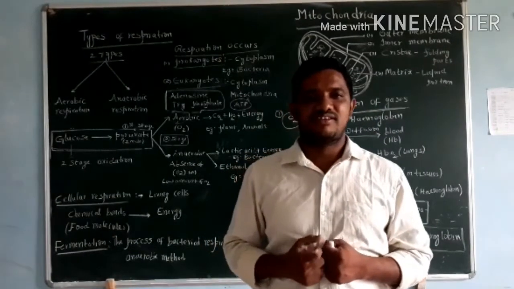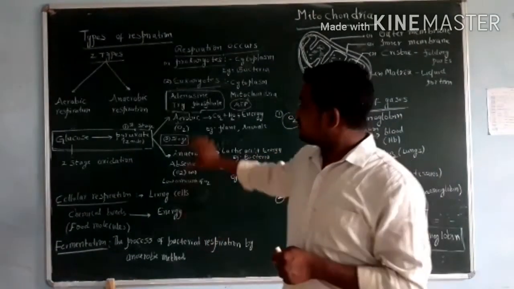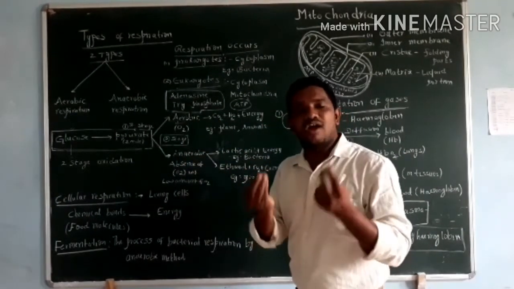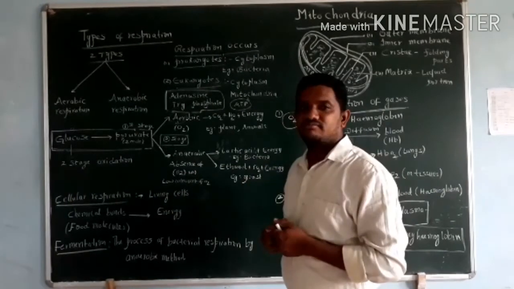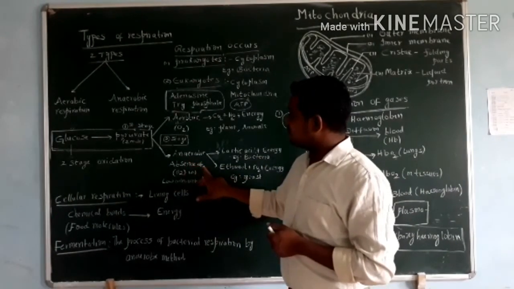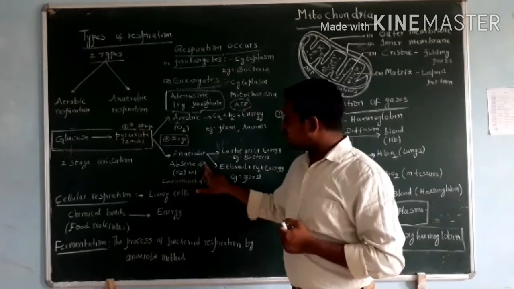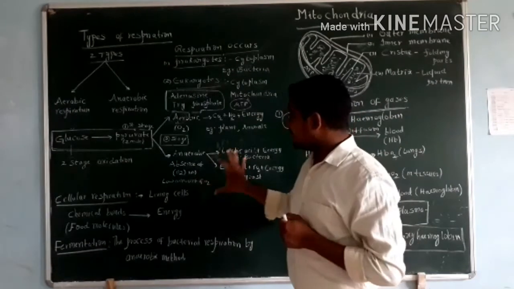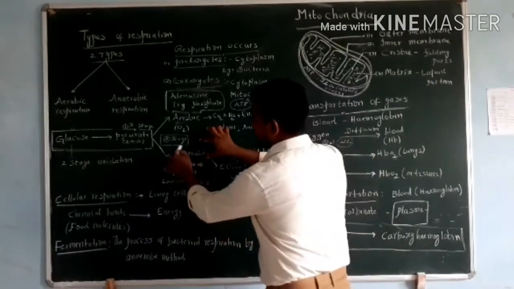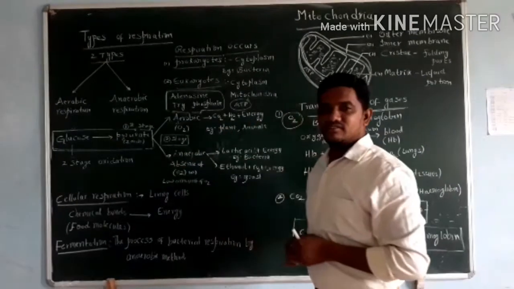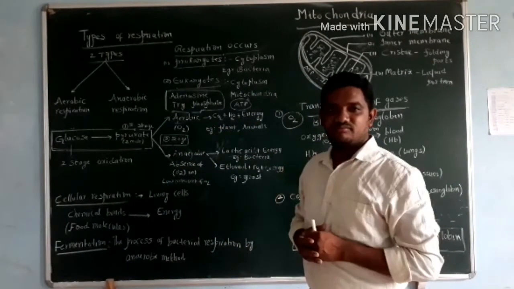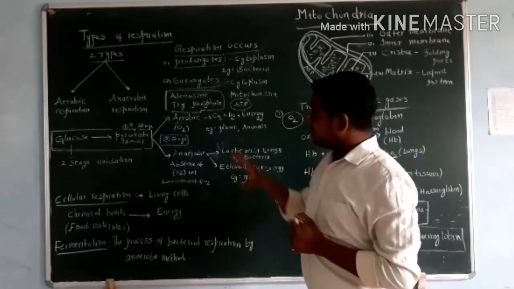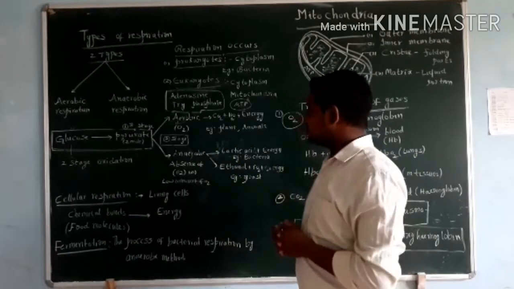This is aerobic respiration. Second one is anaerobic respiration. In the absence of oxygen or low amount of oxygen, respiration takes place. That is called anaerobic respiration. There is no air or low amount of oxygen present.